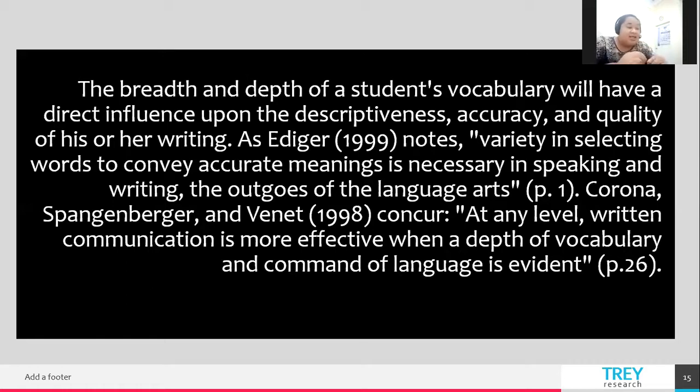And according to research, at any level, written communication is more effective when a depth of vocabulary and command of language is evident. Ibig sabihin, mas convincing po yung sinusulat nyo if mas malalim ka na vocabulary. And the command of language is very evident.